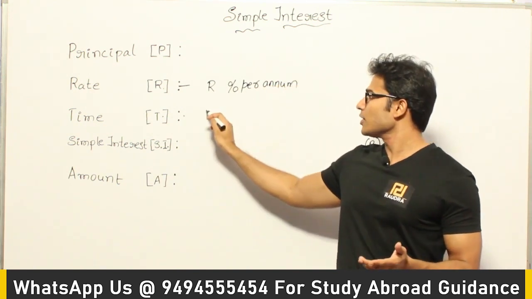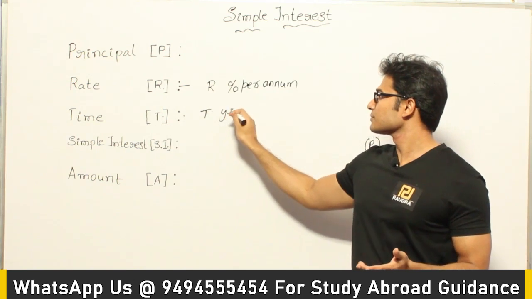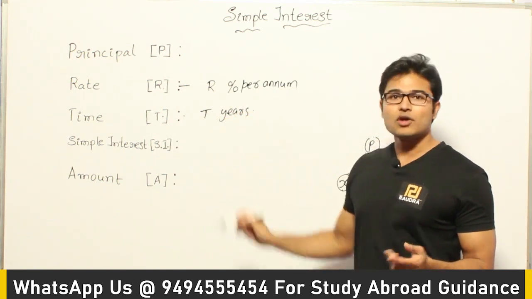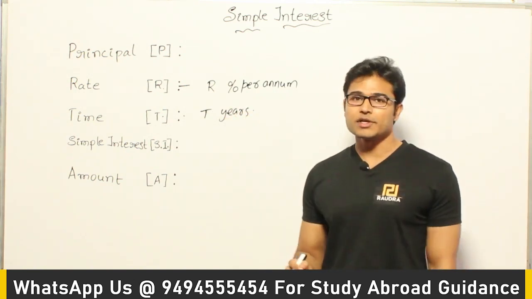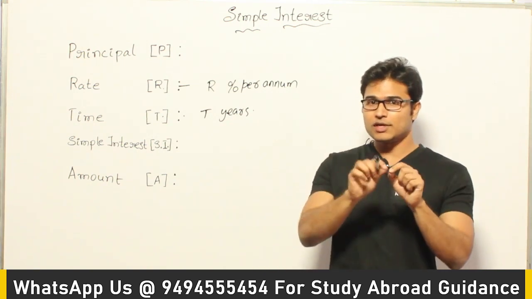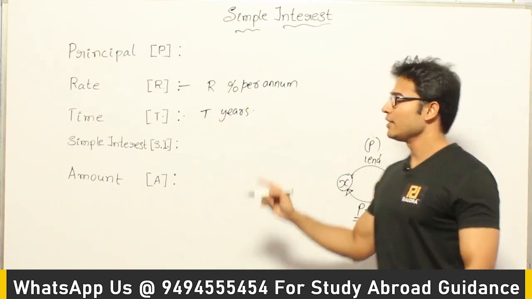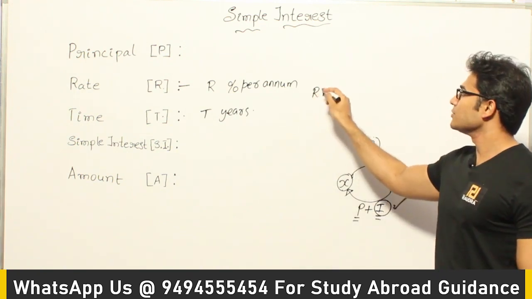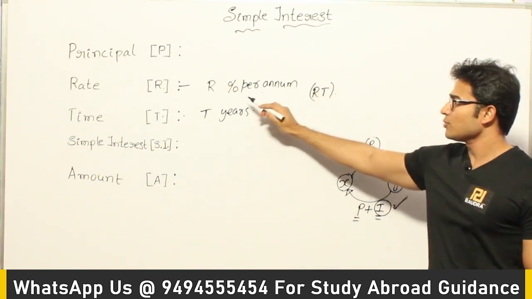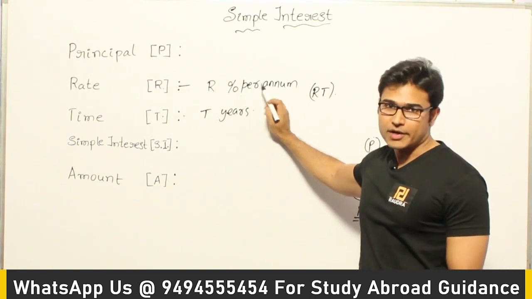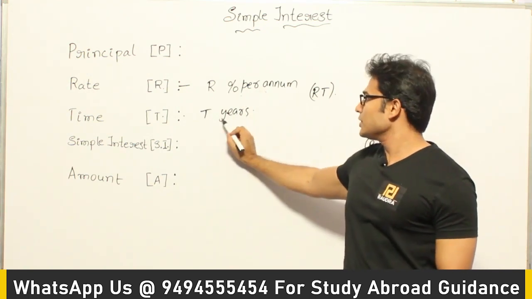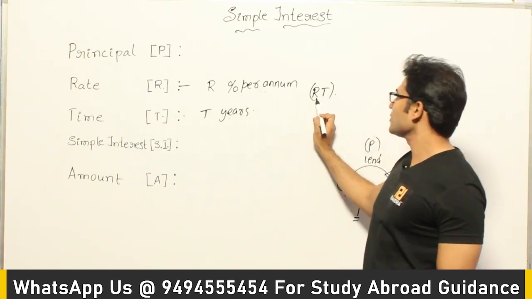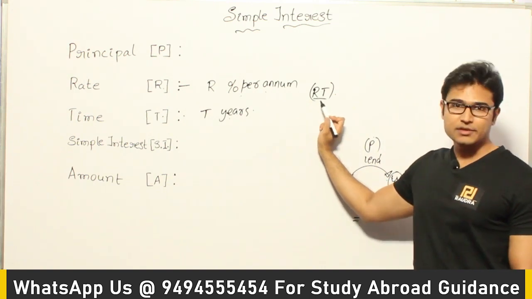Okay, and let us say you have invested for T years, then what is the total profit you are supposed to get? I am just correlating it with the profit and loss topic. R into T, right? If you are earning a profit of R percent per annum, and if you have invested it for T years, then you are supposed to get a profit of RT percent.